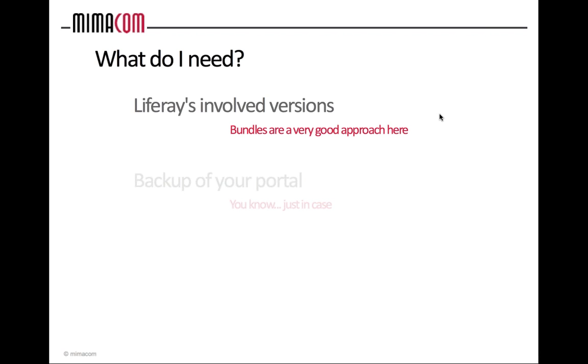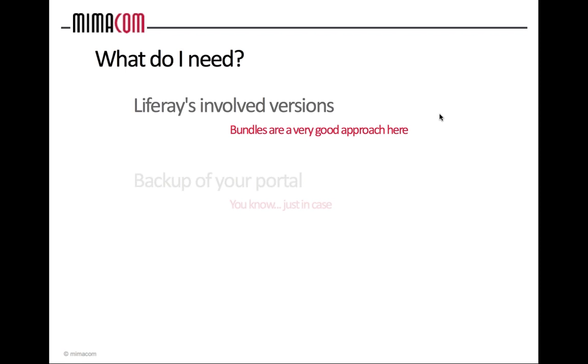If we are going to migrate to the last stable version, that is Liferay 6.2, we will only need our current version in EE and the Liferay 6.2 Enterprise Edition.